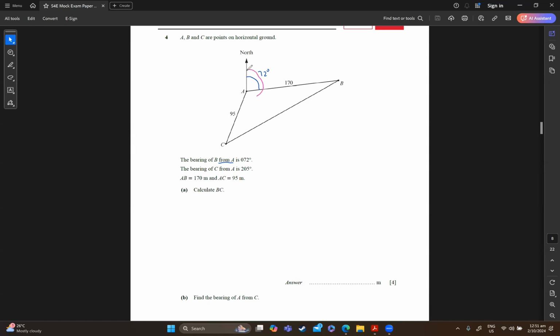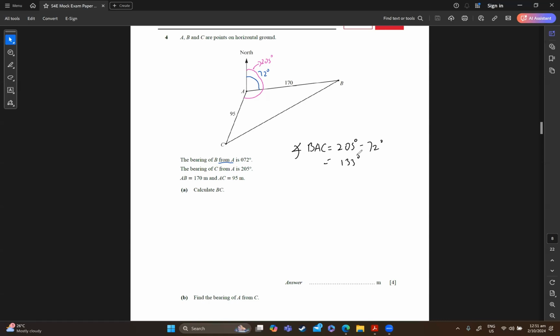You go all the way clockwise till you reach the direction of C. That's 205 degrees. So which means angle BAC is actually 205 degrees minus 72 degrees. So you have 133 degrees.